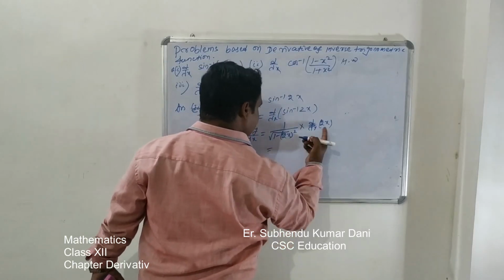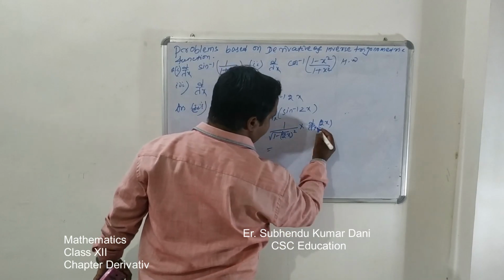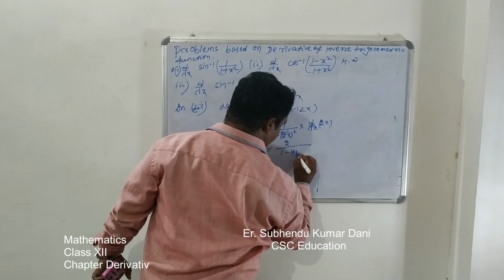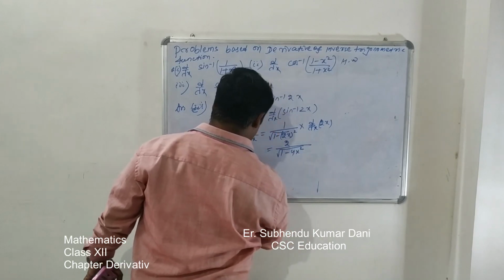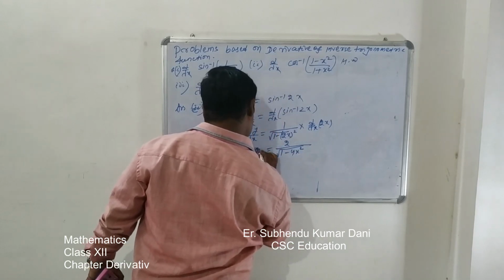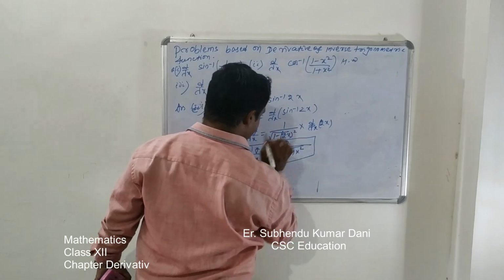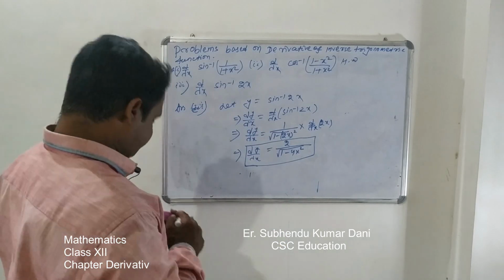Okay, so the derivative d by dx of 2x is 2, then root over 1 minus 4x square. Your answer is dy by dx equals this. Alright.